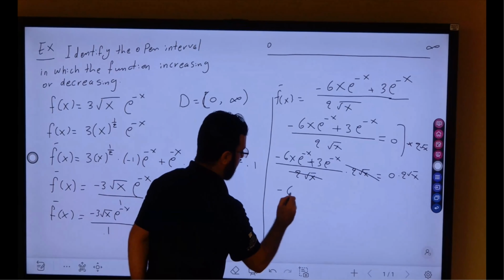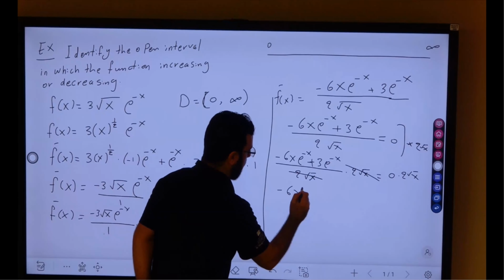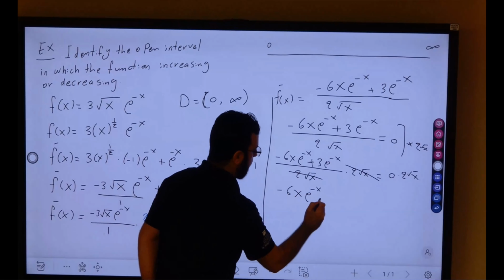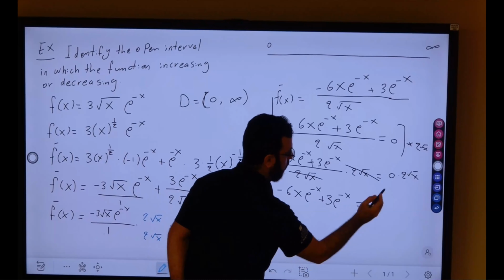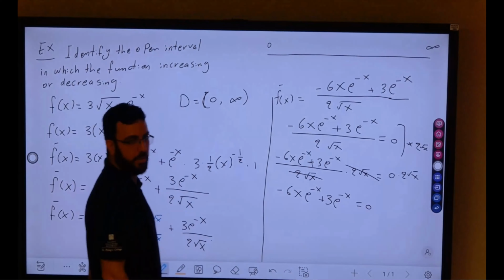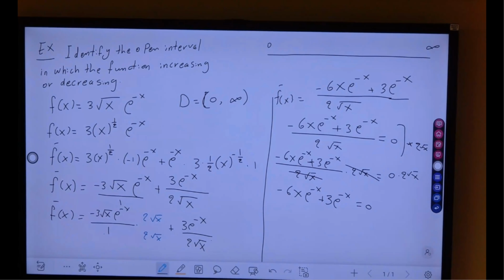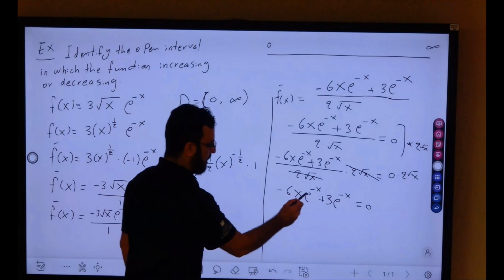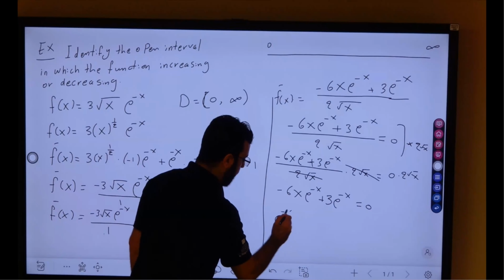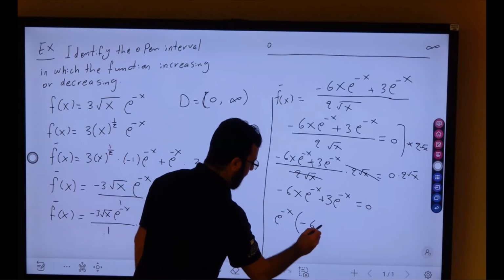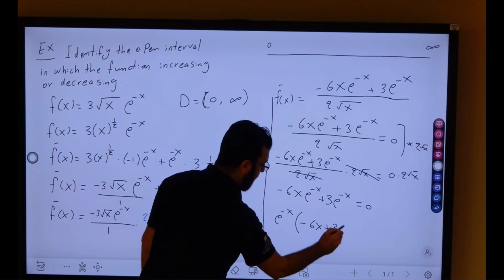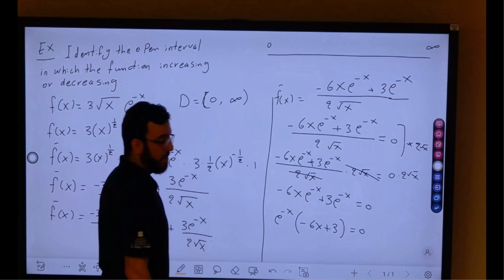It's just -6x e to the negative x plus 3 e to the negative x equals 0, because 0 times anything is going to be 0. Okay, now what's the next step? Factor what? The e to the negative x. Yes. Because these are common, so I'm going to say e to the negative x, what's the left? -6x plus 3.